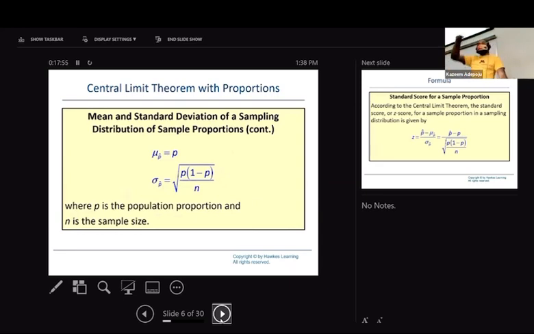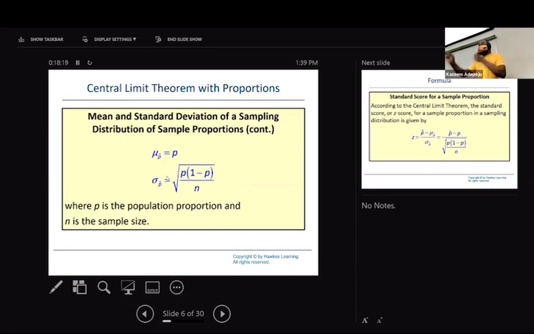Then the mean of that is what this is talking about: the mean of the sampling distribution of sample proportions. I'm going to say that again. The mean of the sampling distribution of sample proportions is actually going to be equal to p.